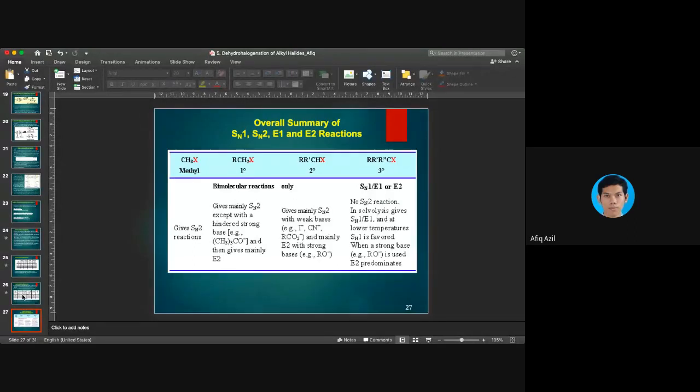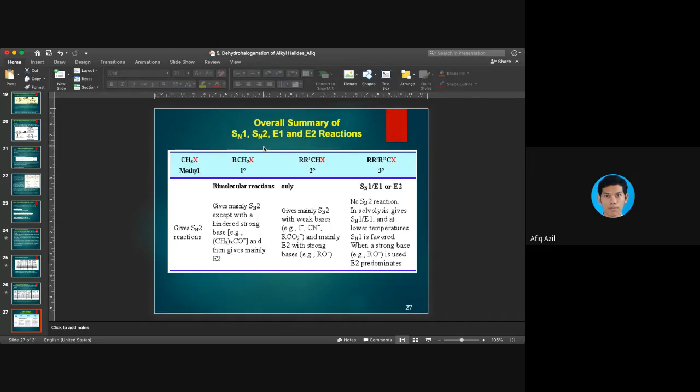Okay, in certain reactions, all four of the mechanisms will compete with each other, and from the alkyl stereochemistry, the nucleophile used, the solvent used, and also the leaving group, we try to see or to predict which mechanism predominates.